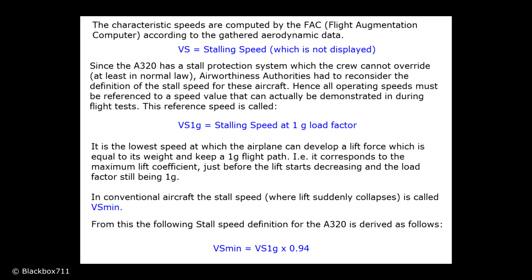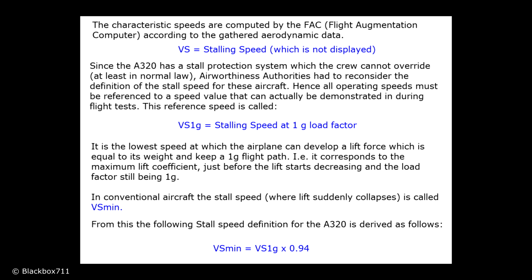And so the airworthiness authorities have accepted a new definition of the stall speed in the Airbus, and that is the stalling speed at 1G load factor, i.e. the VS1G. And that is the lowest speed at which the airplane can develop a lift force which is equal to its weight and to keep a 1G flight path.